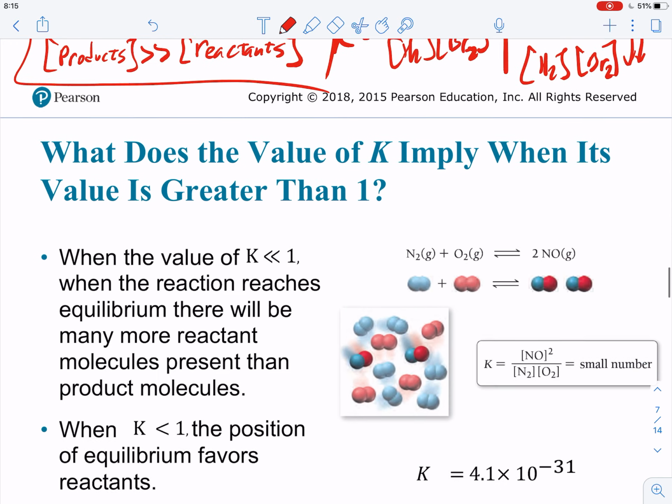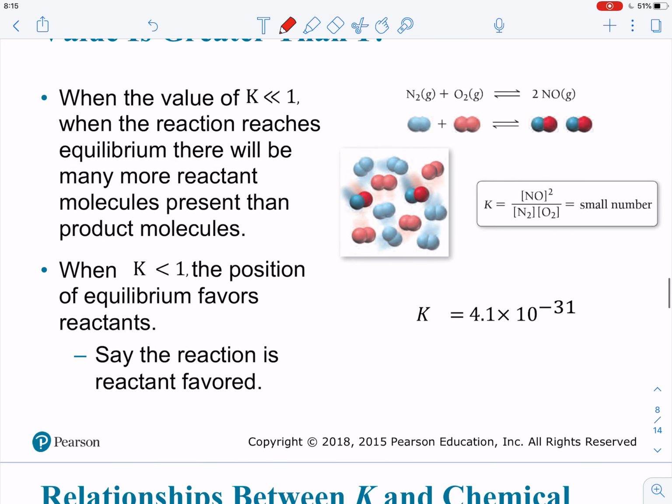So what happens if the constant is really small? Well, the opposite is true.